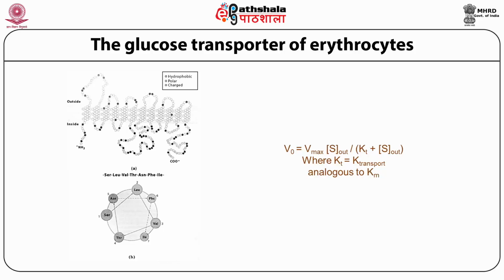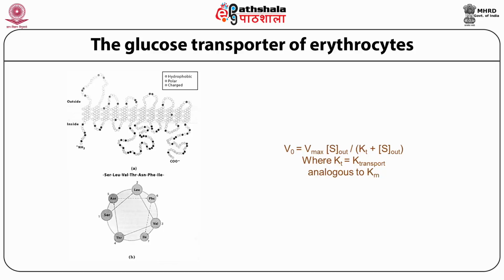The transporter facilitates glucose entry into erythrocytes by enhancing its rate 50,000 times over just diffusion controlled rate. This transporter is different from glucose transporters in other tissues and is called GluT1.